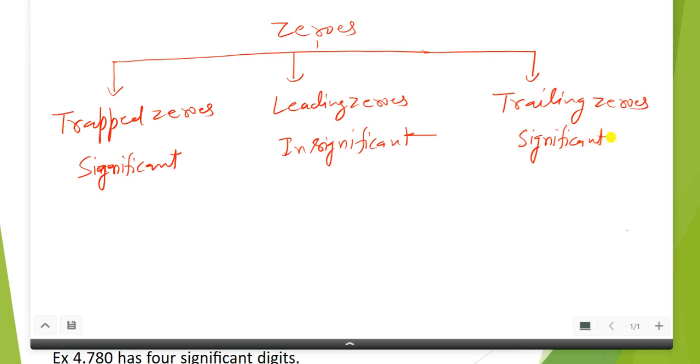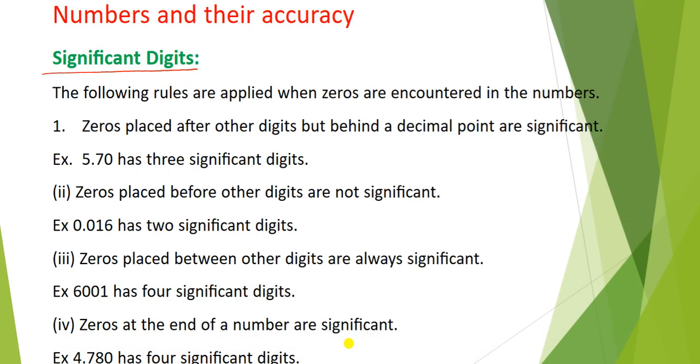So how do we use trapped zeros, leading zeros and trailing zeros when we find the number of significant digits in a given number? First, zeros placed after other digits but behind a decimal point are significant.